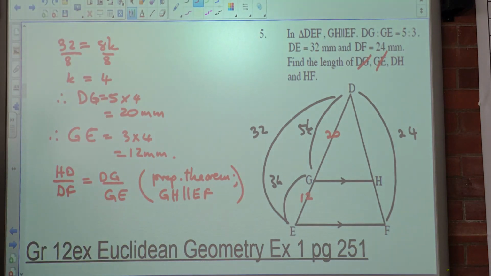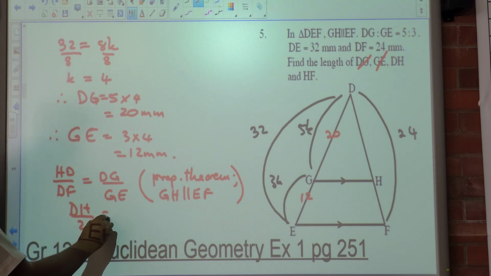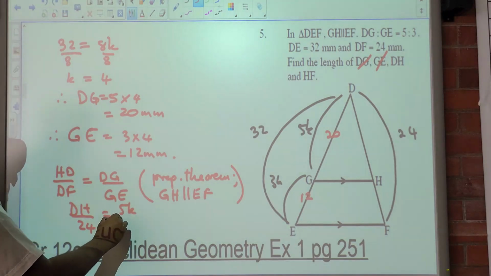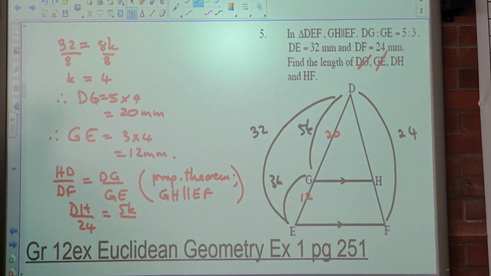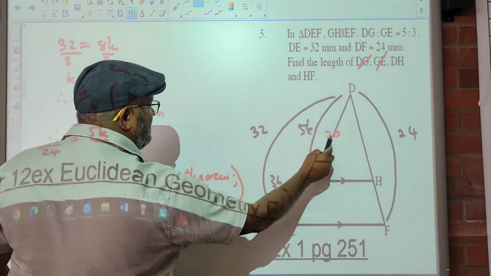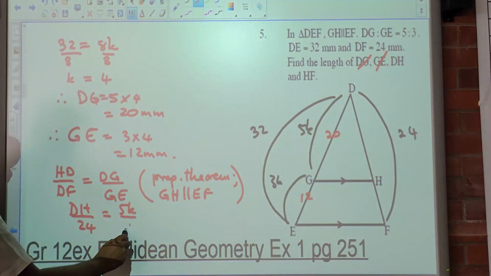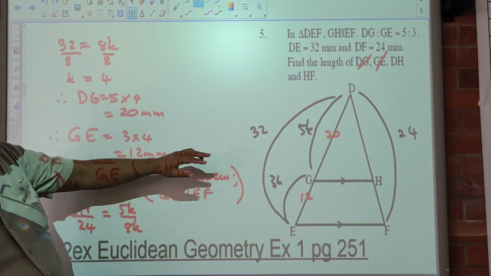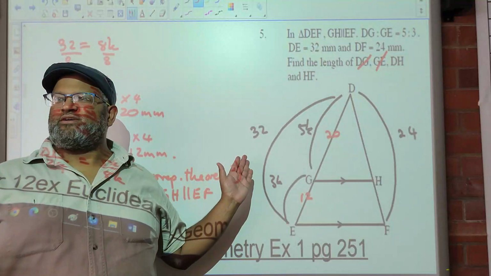So DH is what I'm calculating, over 24, is equal to DG, which is 5K, over 8K. Or I could have said 20 over 32, it's the same thing.